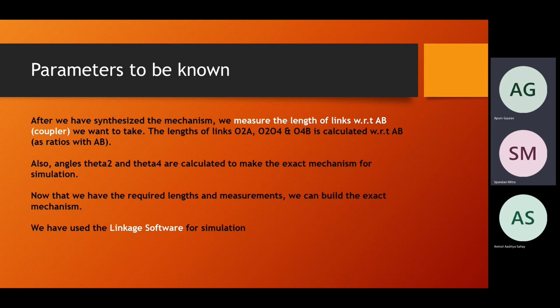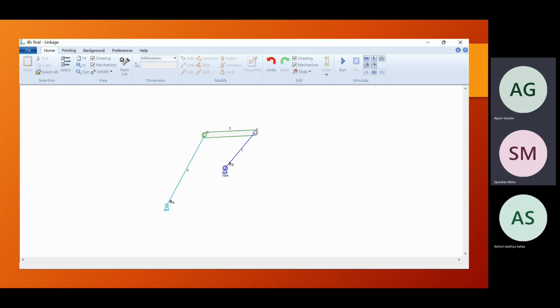It also helped us find the values of theta2 and theta4, which are calculated to make the exact mechanism for the simulation. Now that we have the required lengths and measurements, we can build the exact mechanism. In the next slide, we can see the overall boundary of a front view of the mechanism, and the simulation will be shown in the inlay.